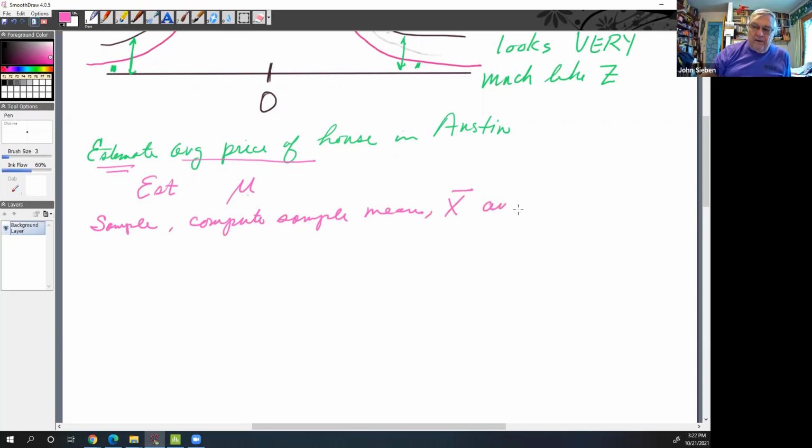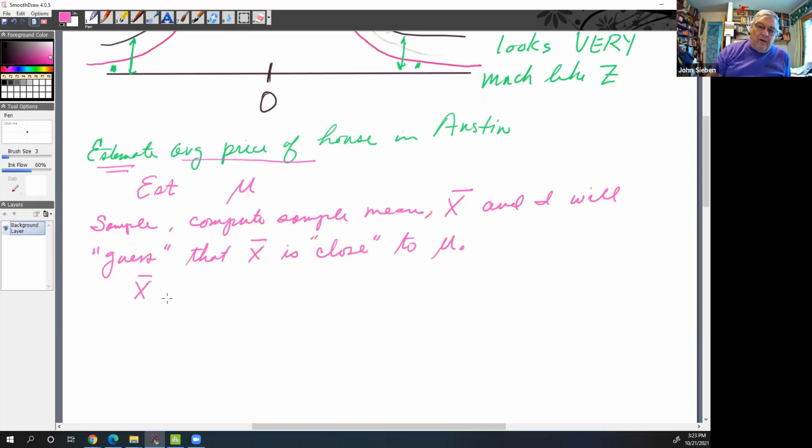I haven't used the word guess in a long time, and I will guess that X bar is close to mu. That seems a very, very reasonable thing to do.